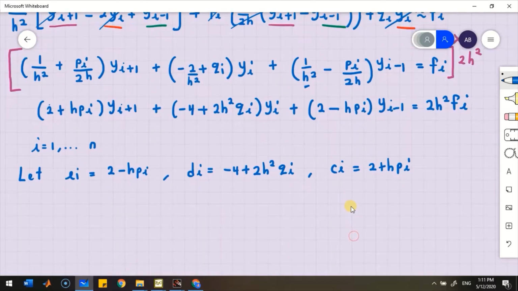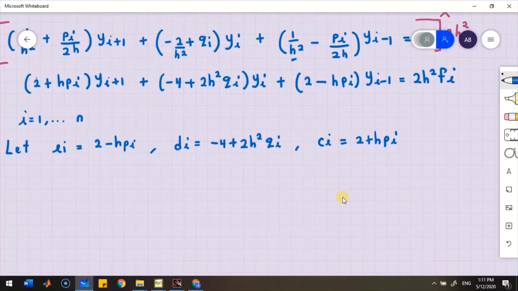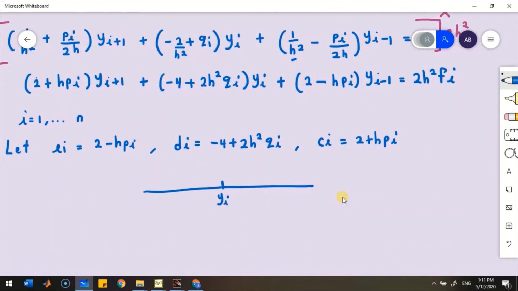Usually what you write here, if you have an interval, yi minus 1 will be on your left side, and yi plus 1 will be on your right hand side. So this term here, I need to change their writing.